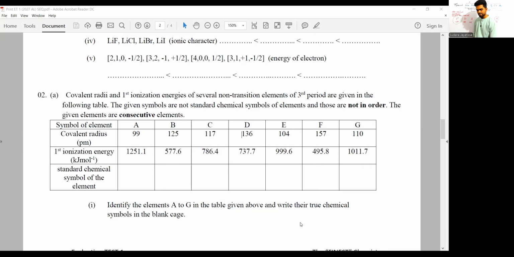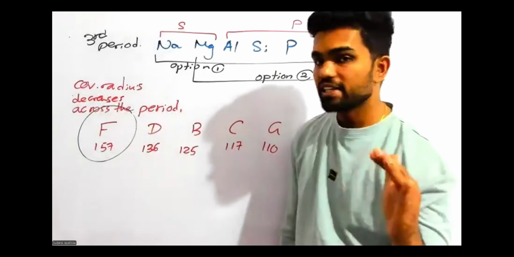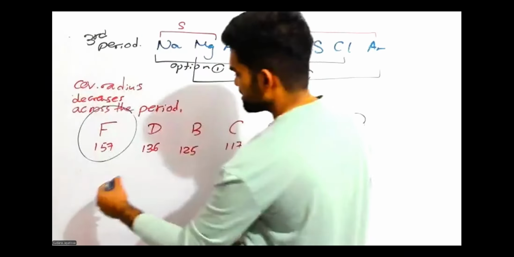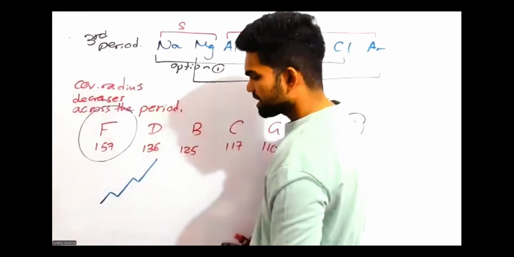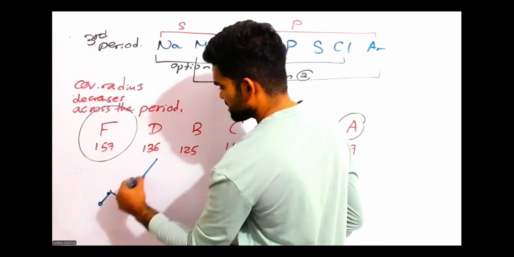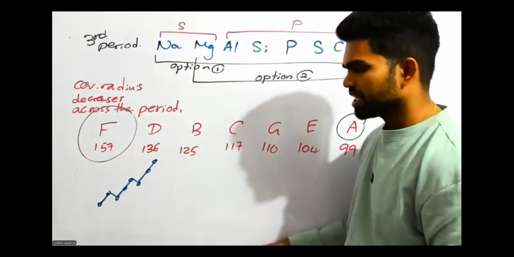Okay, increases, but it is increasing in zigzag order. It's not increasing gradually. Remember how the first ionization energy increases, right? It is increasing in this zigzag order. This is the order they increase. So you have 3 elements, another 3 elements. This is how the 8 elements are arranged across the period.